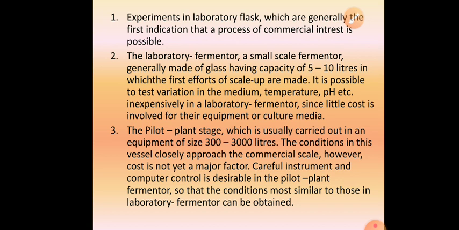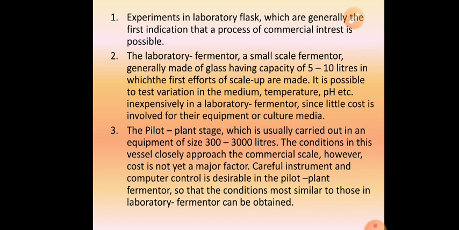It is possible to test variations in the medium, temperature, pH, etc. inexpensively in a laboratory fermenter, since little cost is involved in the equipment or culture medium. So from laboratory flask you go to a small scale laboratory fermenter having a capacity of 5 to 10 liters, where you can try all variations, go on changing the media components.